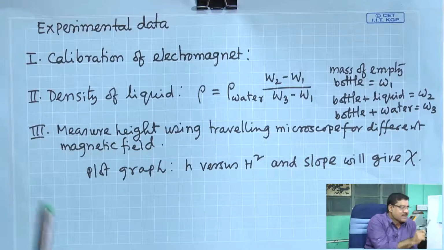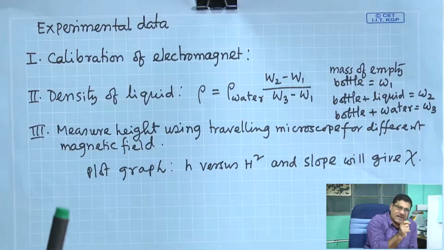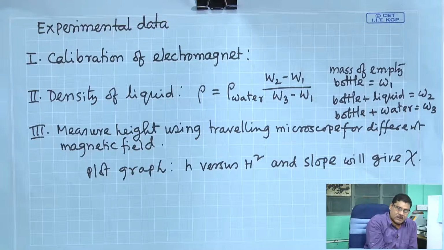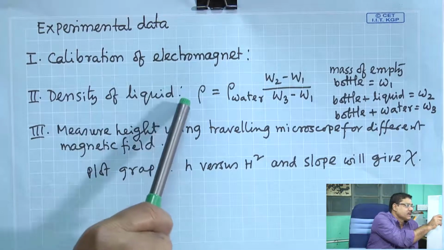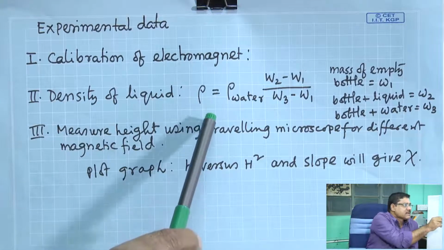Second, in that formula you have seen rho is there. What is that? It is the density of the solution. So we have to prepare the solution and measure its density.